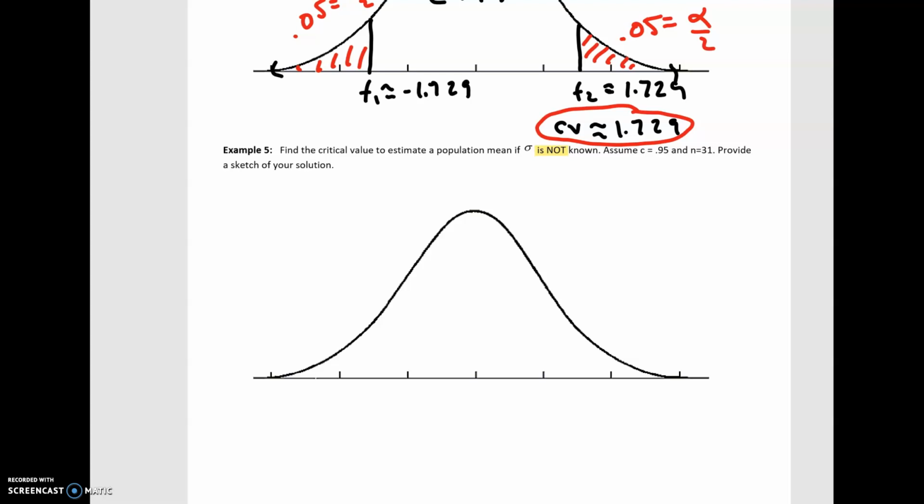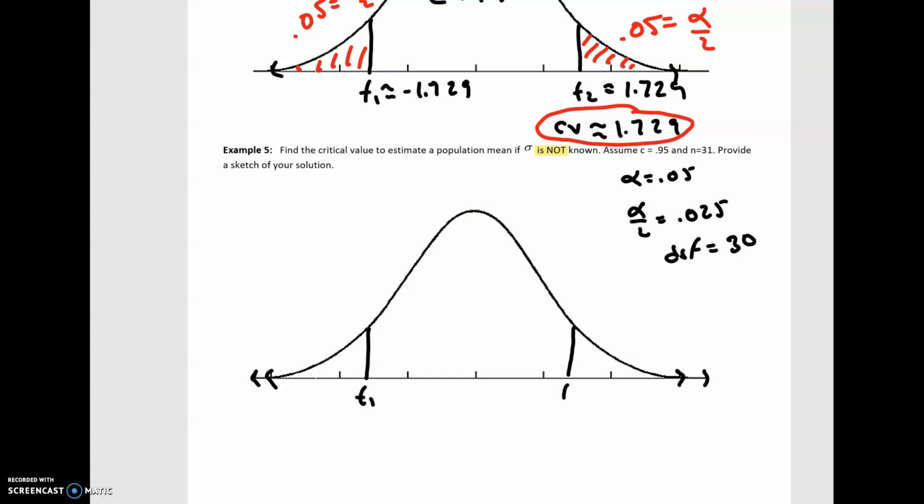Now, let me get the following values. Alpha is equal to 0.05. Alpha divided by 2 is 0.025. Degrees of freedom are going to be equal to 30, or the closest value to 30. And then don't forget the arrows.